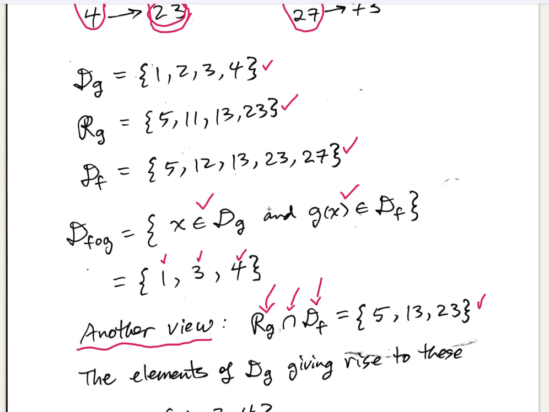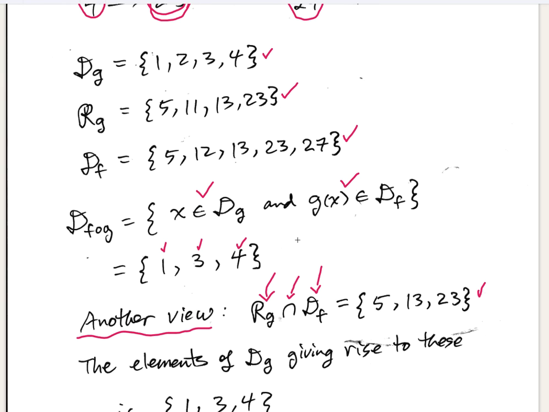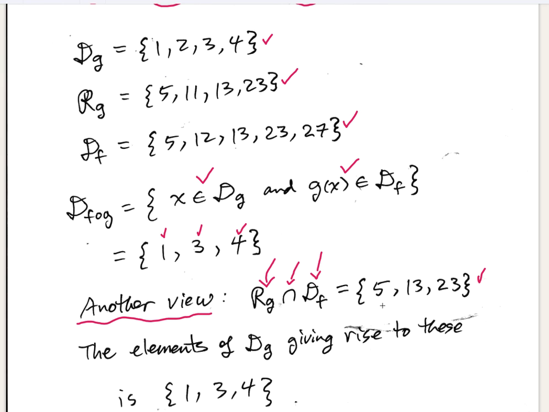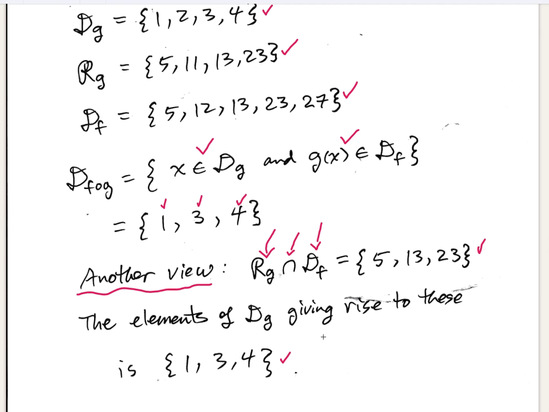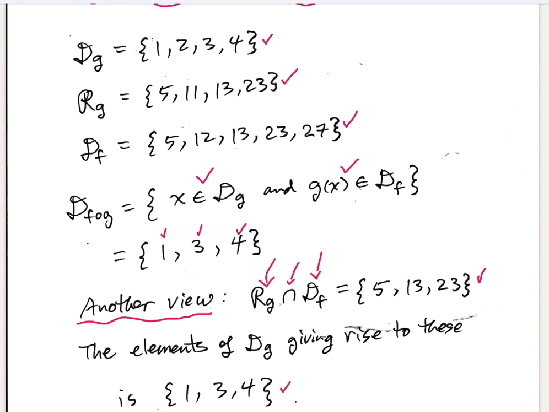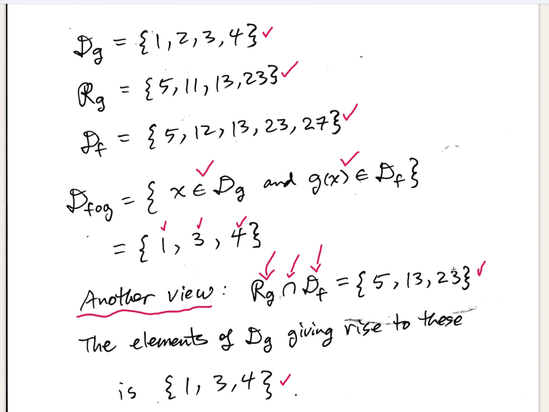We could call those the pre-image under g elements here. We still get the same answer: 1, 3, and 4. That's a different way of thinking about it. But I hope you understood this and are going through the problems in the homework. Alrighty?